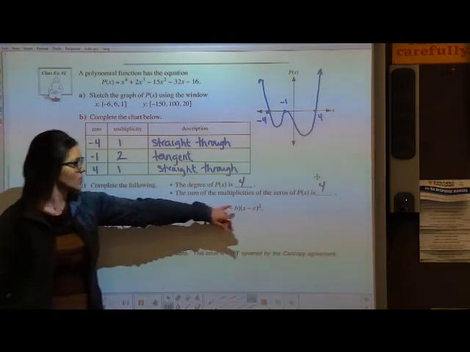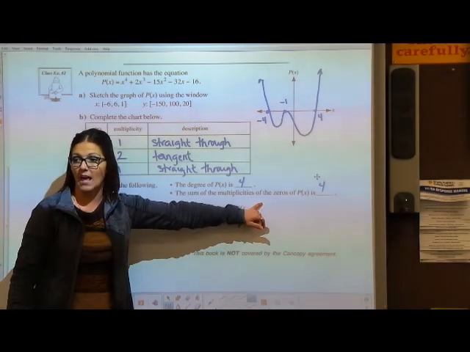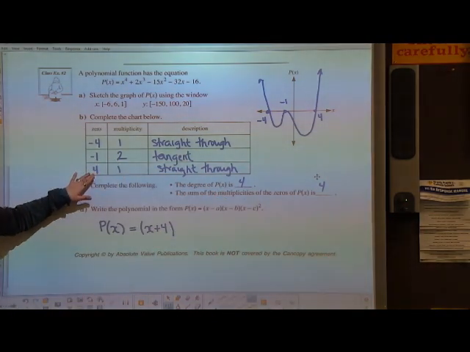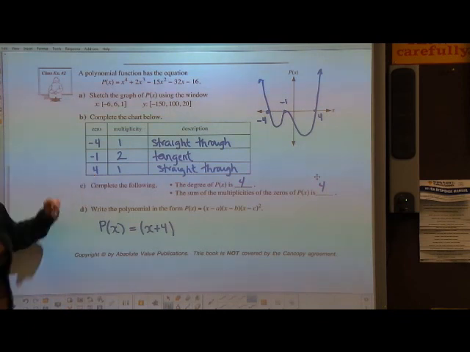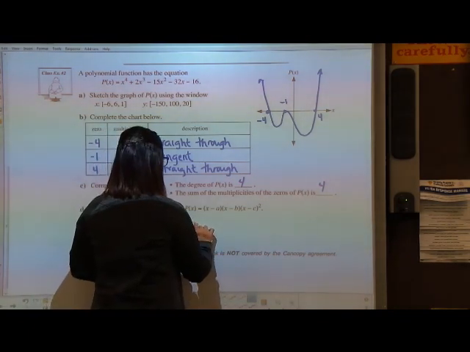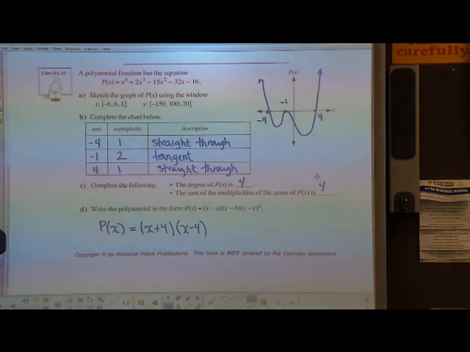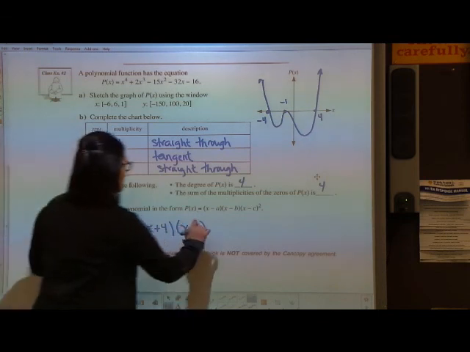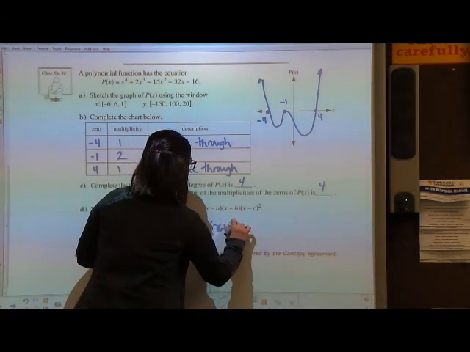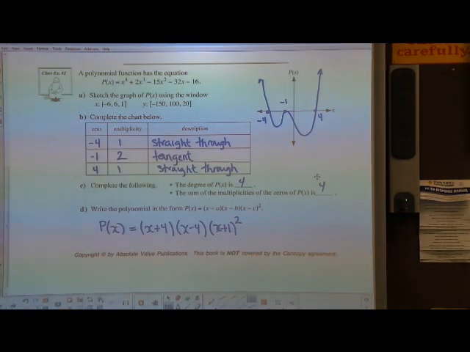And the way they have this written, the multiplicity of 2 is at the end. So then if I have a zero of 4, the factor would be x minus 4. And then my zero of -1 would be a factor of x plus 1, and that's the multiplicity of 2, so it's squared.